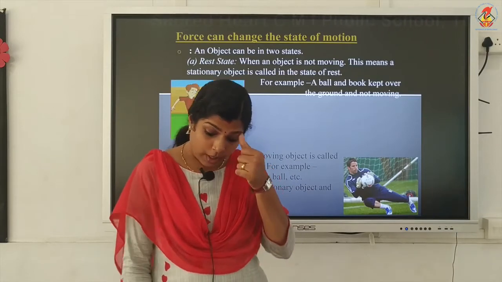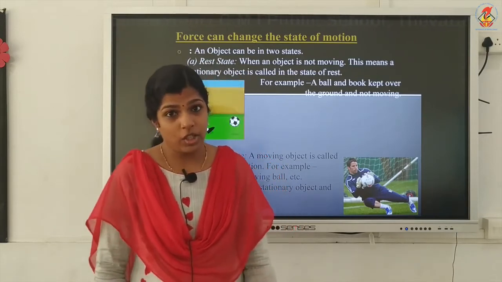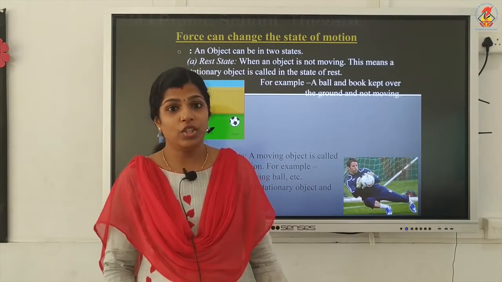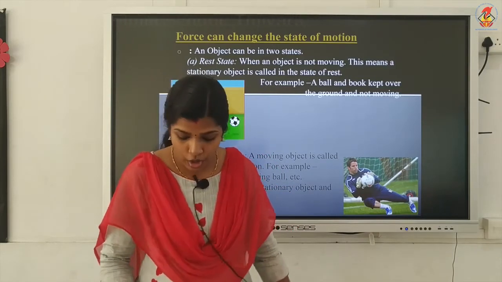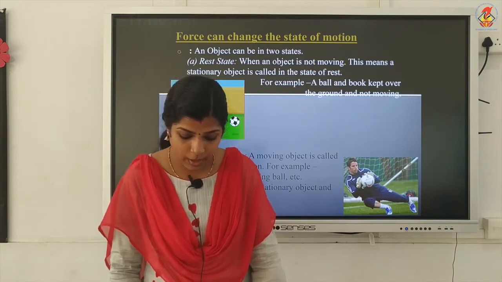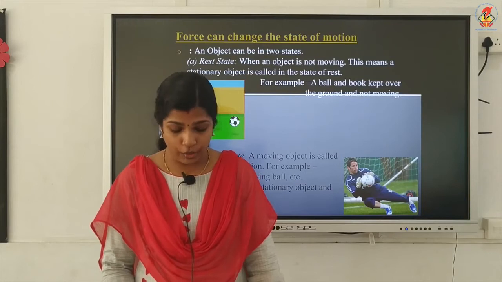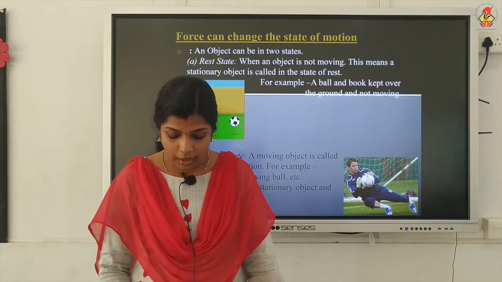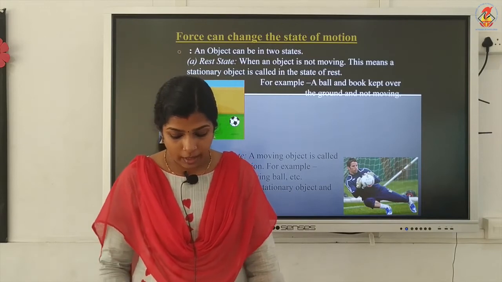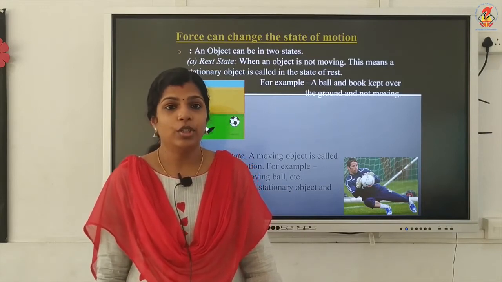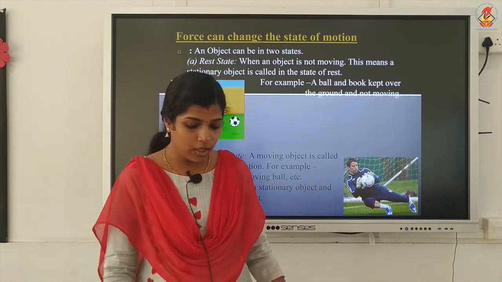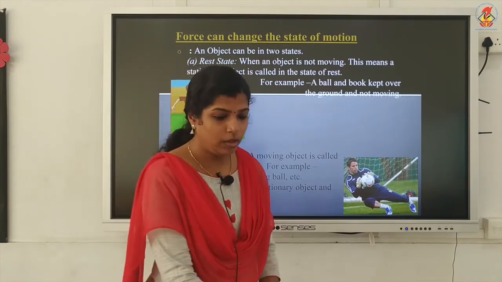A force can make a stationary object move or can change the position of rest. For example, when you kick a stationary football, you make it move. When you pick up a glass of water, you change its position of rest. Suppose the book is on this table.